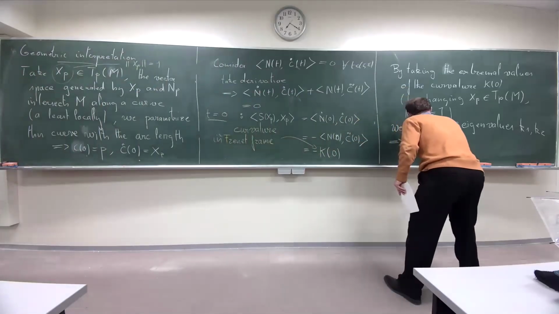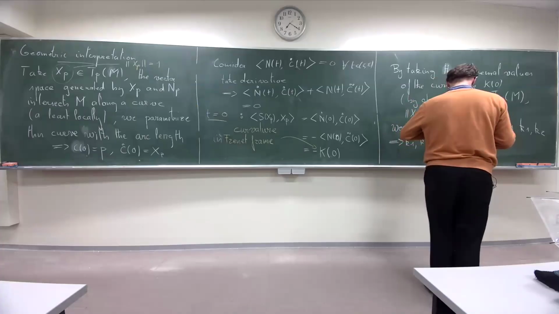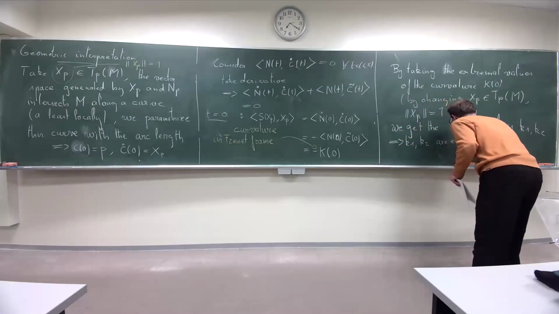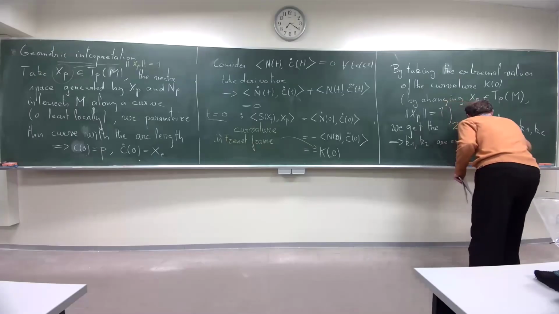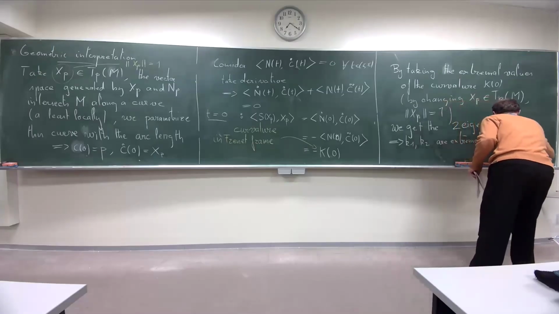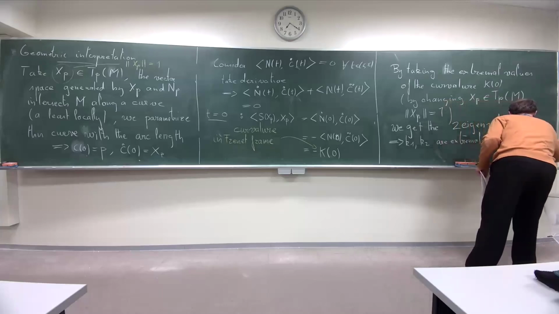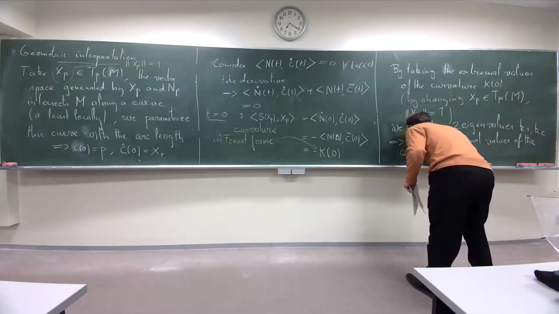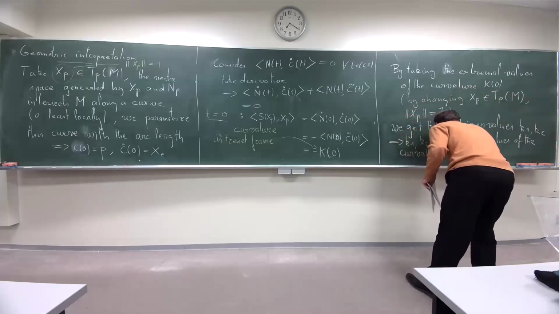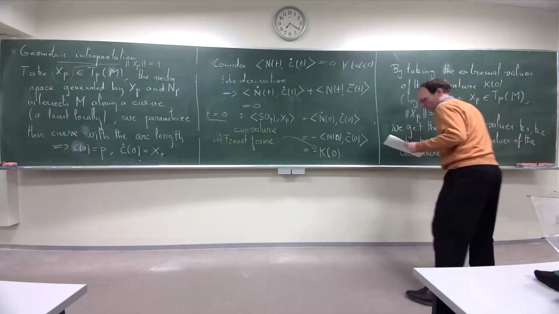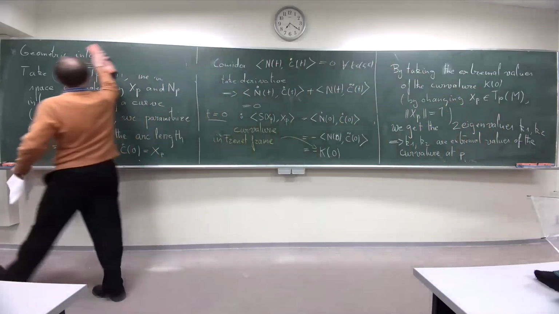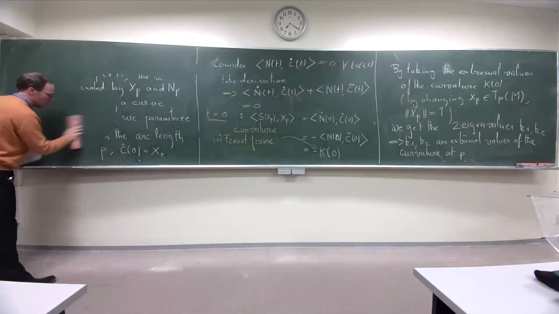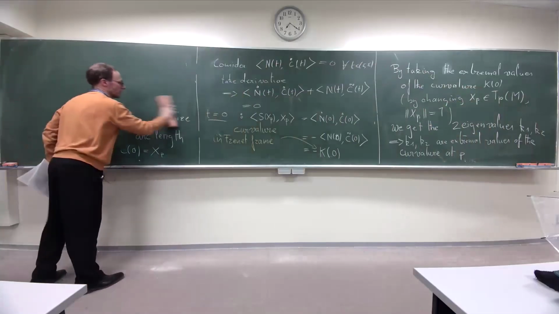K1, K2 are extremal values of the curvature, the curvature at P. And in fact, these two extremal values are called precisely principal curvatures.